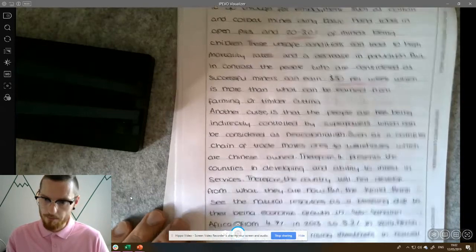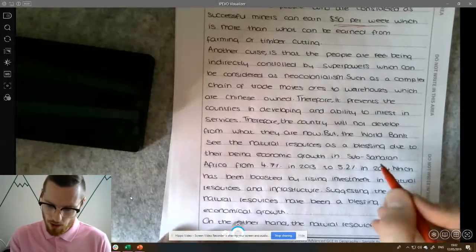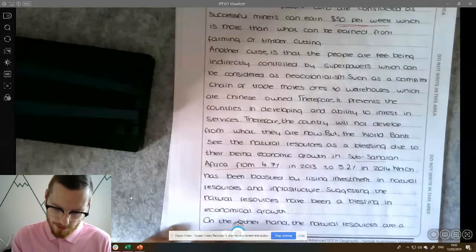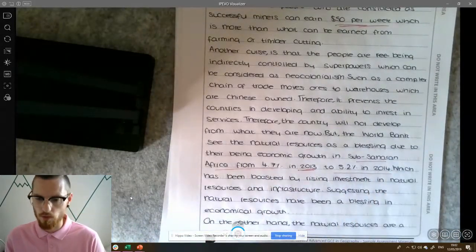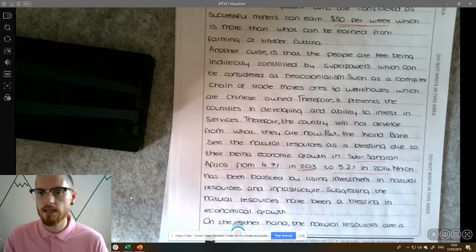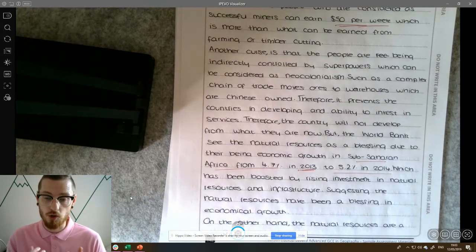If I move towards the bottom here, Sub-Saharan Africa from 4.7% in 2013 to 5.2% in 2014. Now, it's very easy for me to pick these out from the answer and match them to the mark scheme when they are numerical, especially when it's quantitative data.